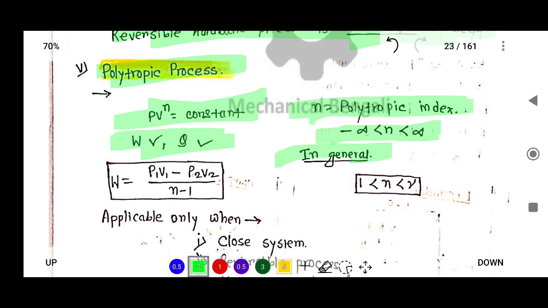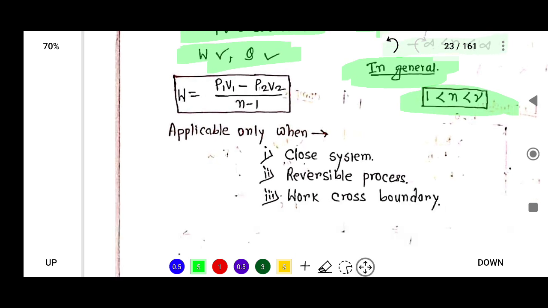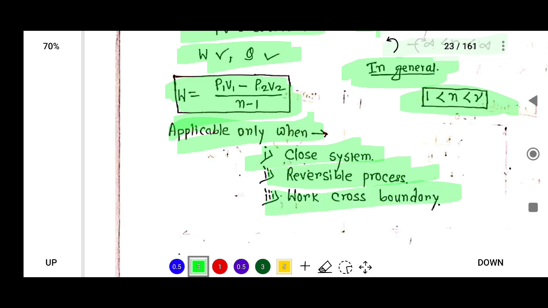In general, n is greater than 1 and less than gamma. Basically the value of n is almost 1.2. If you want to calculate the polytropic work done, the formula is P1 V1 minus P2 V2 upon n minus 1. This is applicable only when it is a closed system, a reversible process, and work crosses the boundary.